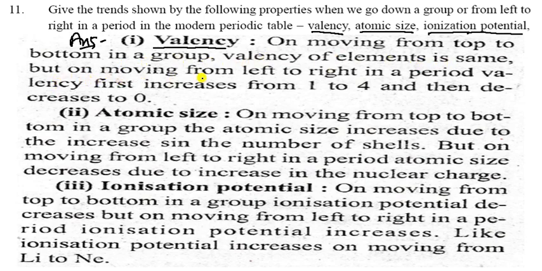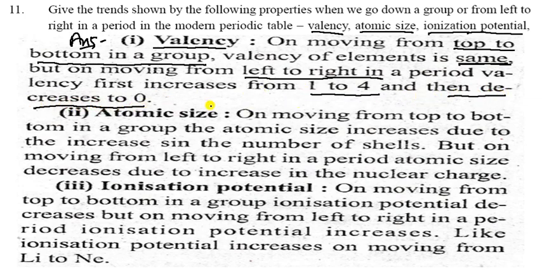Valency of the elements is the same. Always remember, it will be the same in a group, but from left to right in a period, valency first increases from 1 to 4 and then decreases to 0. That means 1, 2, 3, 4 and then 3, 2, 1 and 0 also.